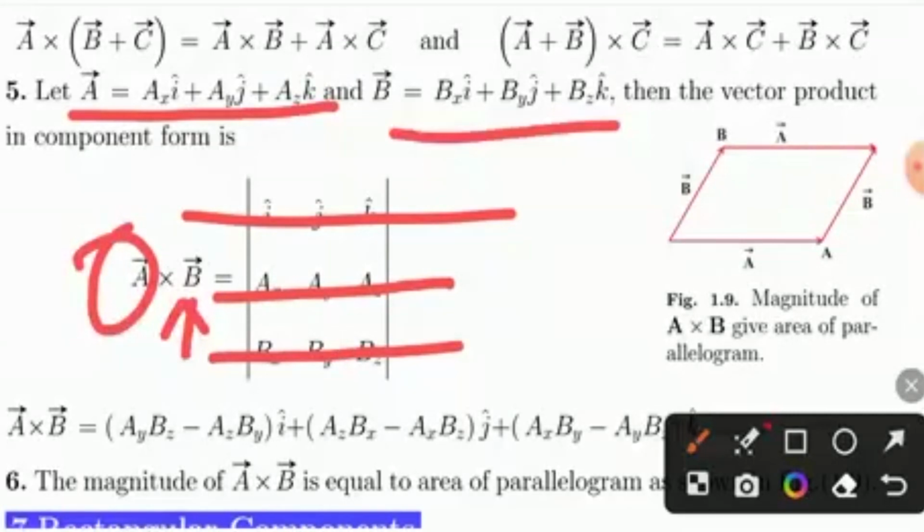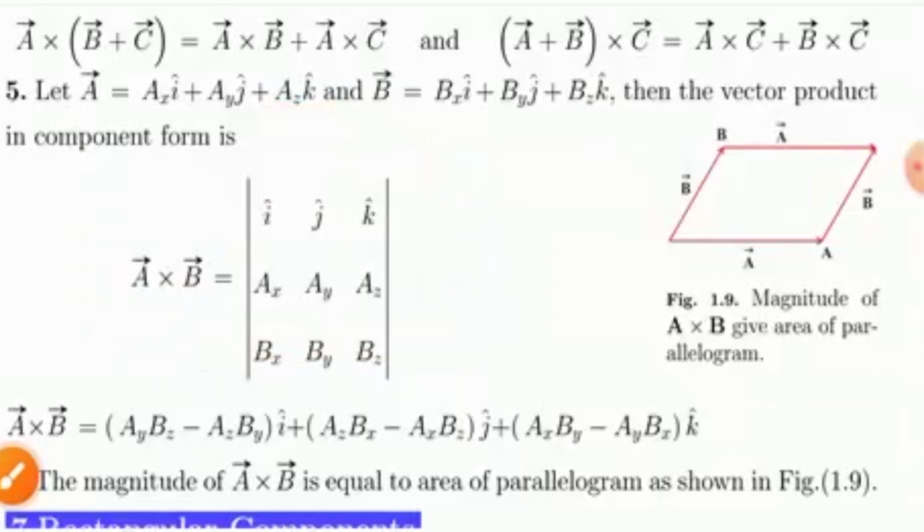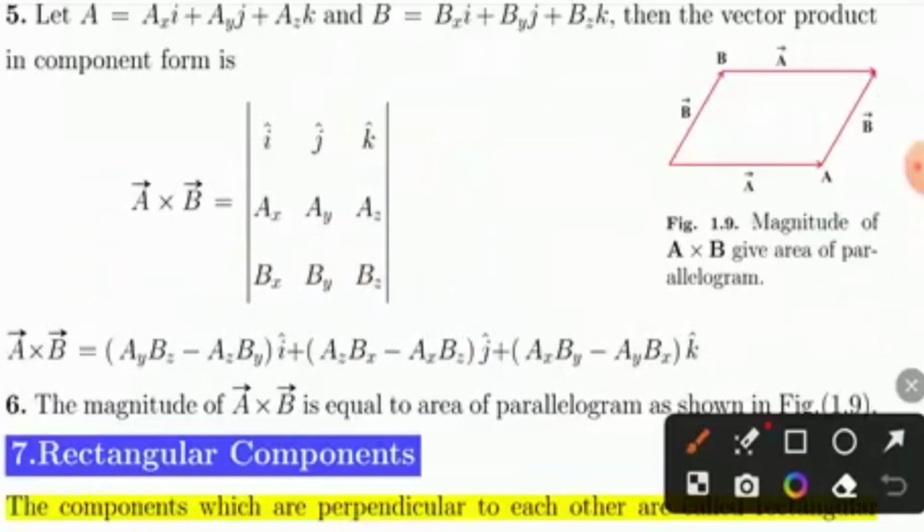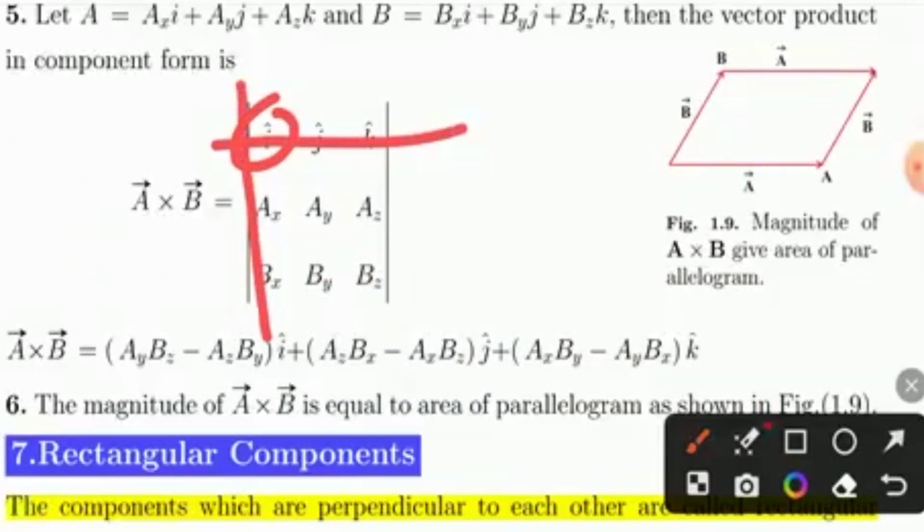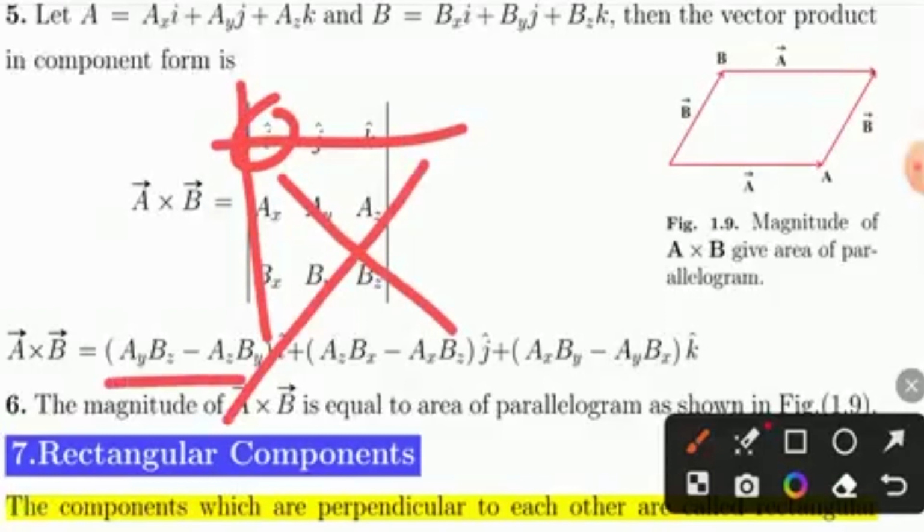We can open this determinant by using determinant properties. If we choose the first row and first column, then we multiply AY with BZ and AZ with BY. This is the first bracket over here.